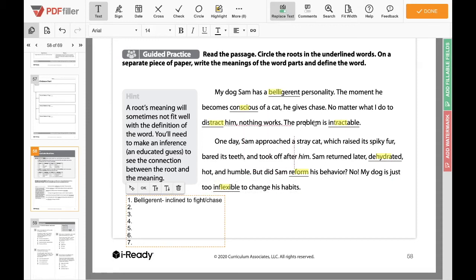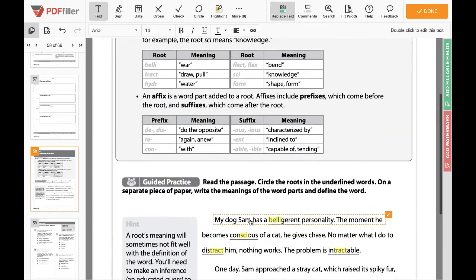So the moment that he becomes conscious, we have that psi, which means knowledge, and then we have con, which means with, and we also have OUS, which means characterized by. Well, I think most of us know what conscious means. It means that we are now aware of something that is around us. The exact definition of conscious would be something like being aware of your surroundings, per se.